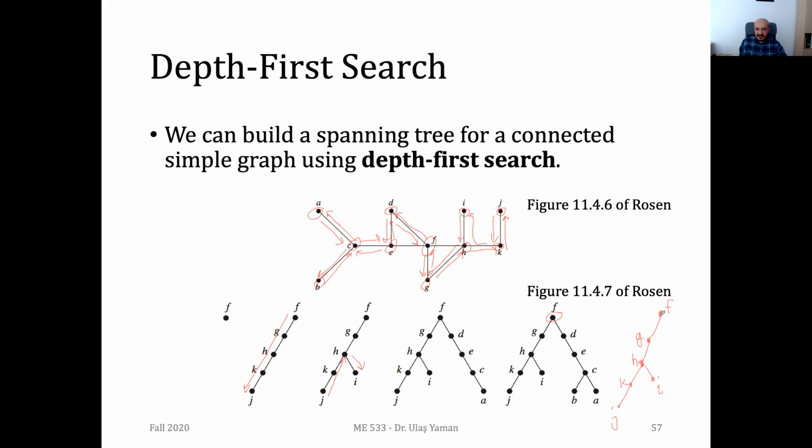But after F, instead of visiting D, I may be visiting E. So if I visit E and then visit D, I need to go back once again to E and then continue with C. And then after C, it doesn't matter. I may have such a case. So as you see again, this is another spanning tree of the same graph. So I can say that spanning trees are not unique. You can have different versions, even by using a single method like depth first search.